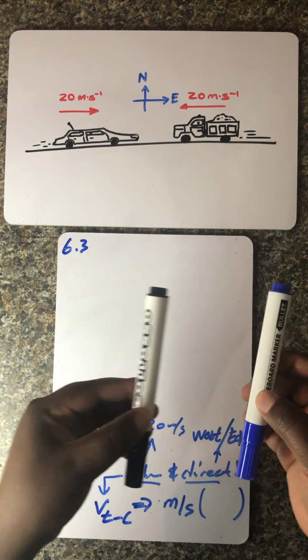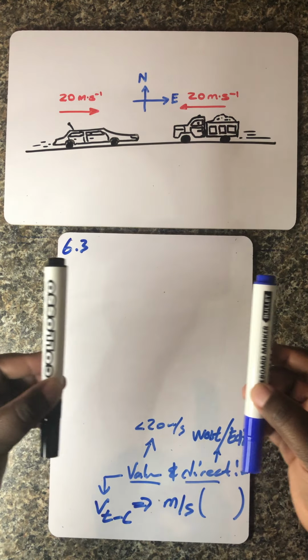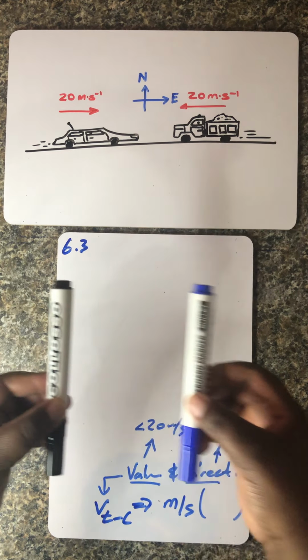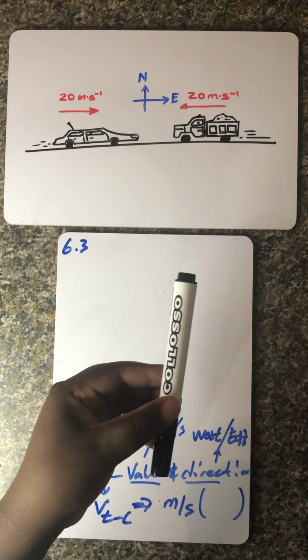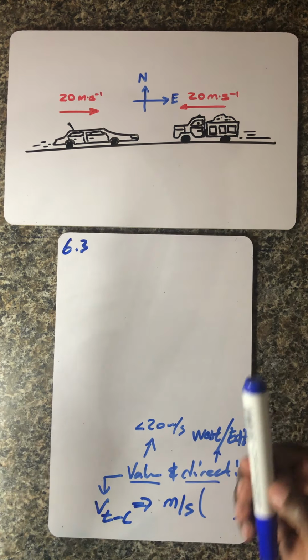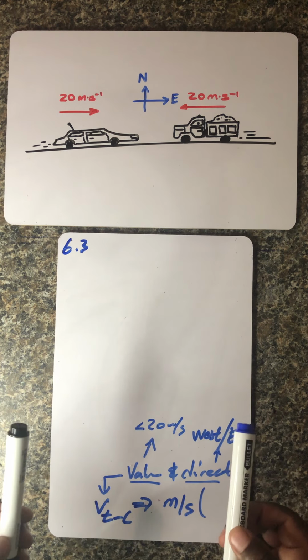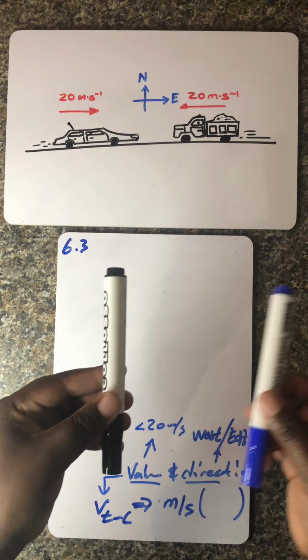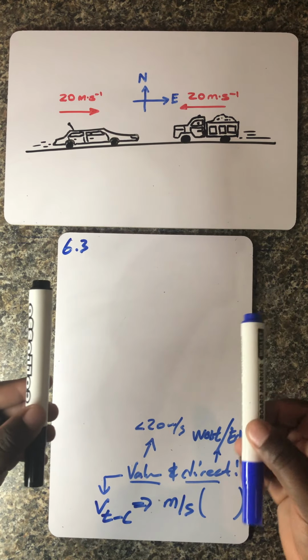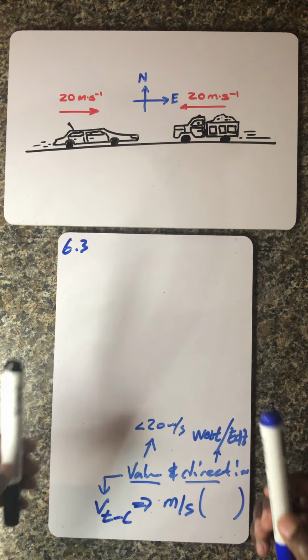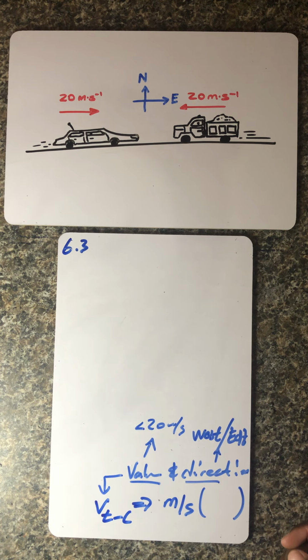Unlike if this was moving in that direction and this was also moving in the same direction, but this one at a higher speed such that it hits this one. Maybe that's when we can have a velocity greater than its initial velocity. I'm not sure if it makes sense, ladies and gentlemen.